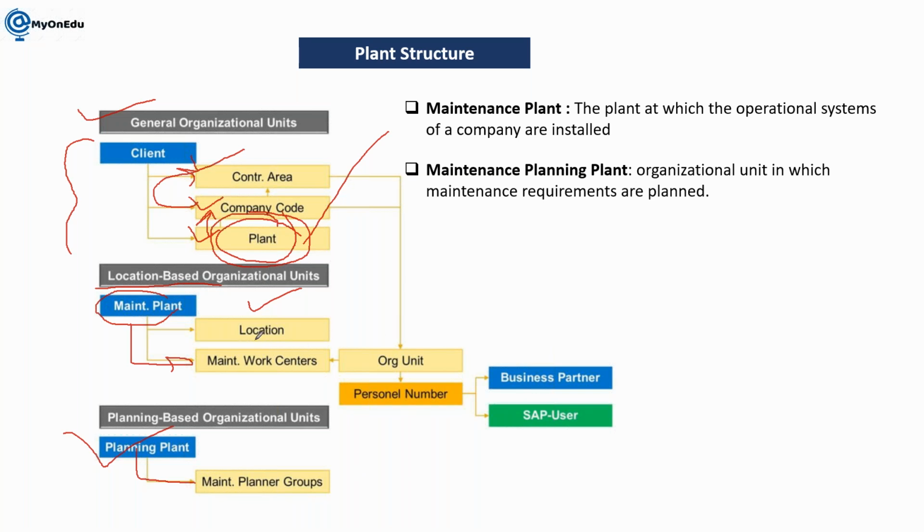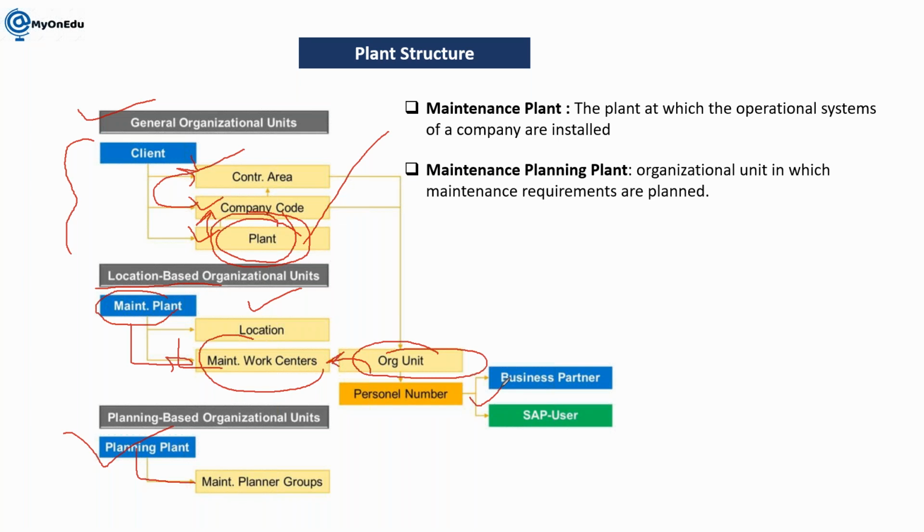When we are defining the work center under the maintenance plant, we can assign the org structure. This will help us find the personnel number, meaning the users who are available in this organization unit, and that can be assigned to my work center. Here in S4 HANA, this is happening through business partner.